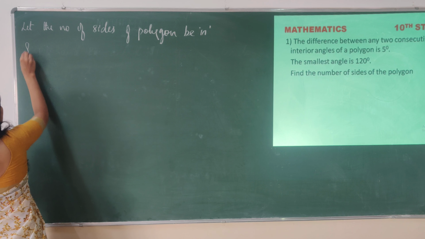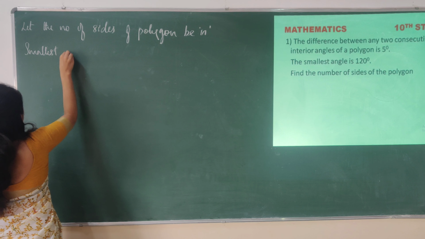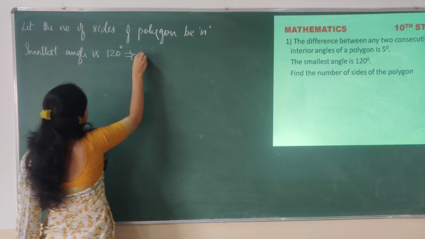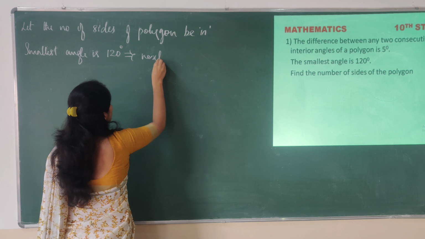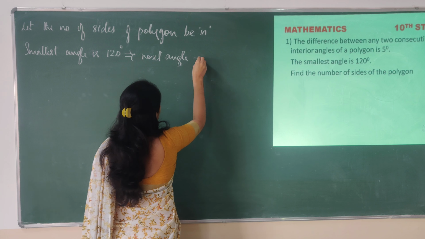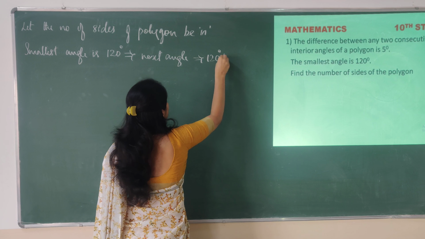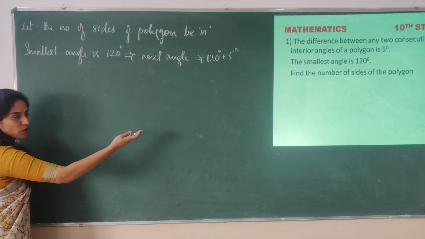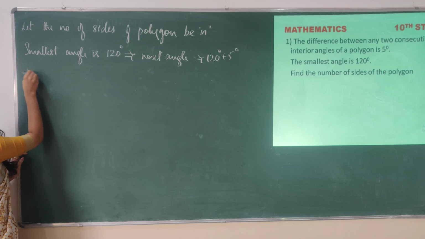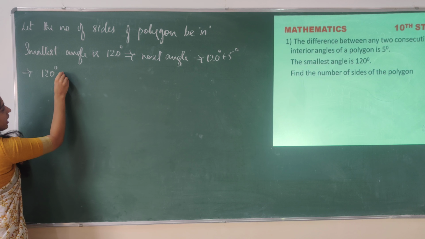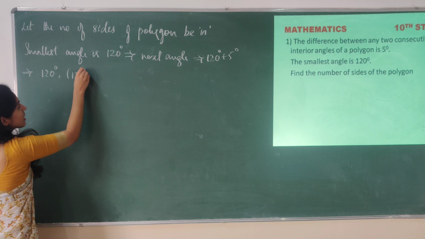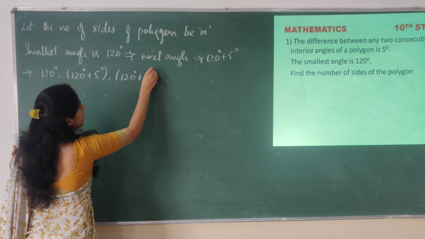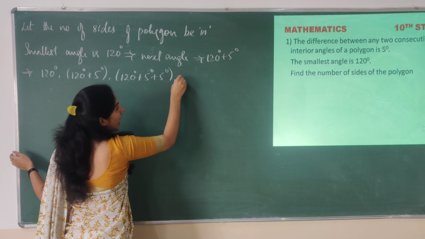So how will the angles in this polygon be? Look carefully, it will be of the form 120 degree, 120 degree plus 5 degree, 120 degree plus 5 degree plus 5 degree, and so on.